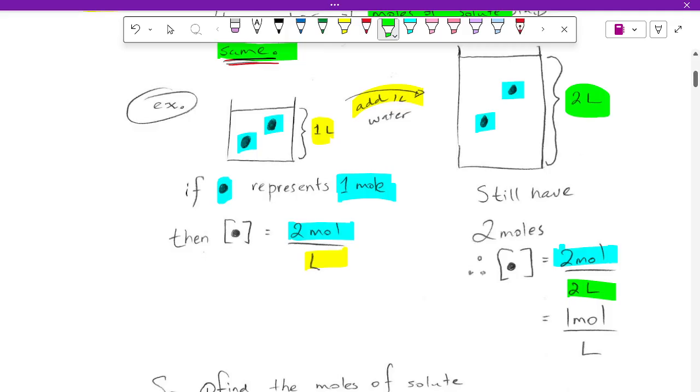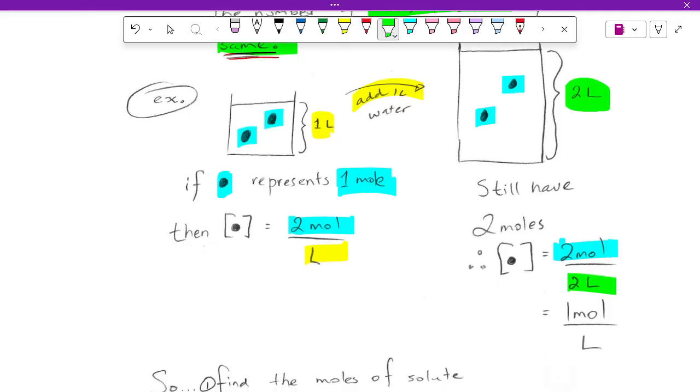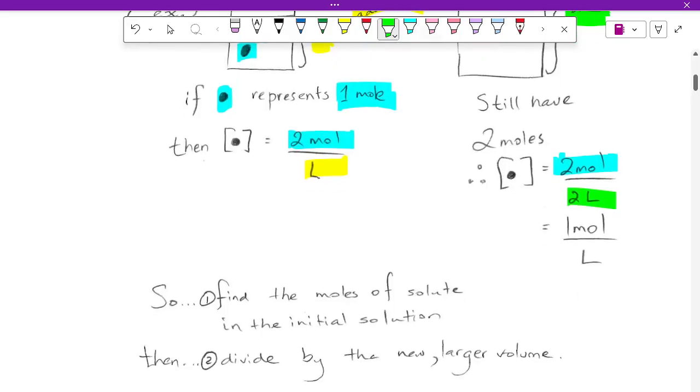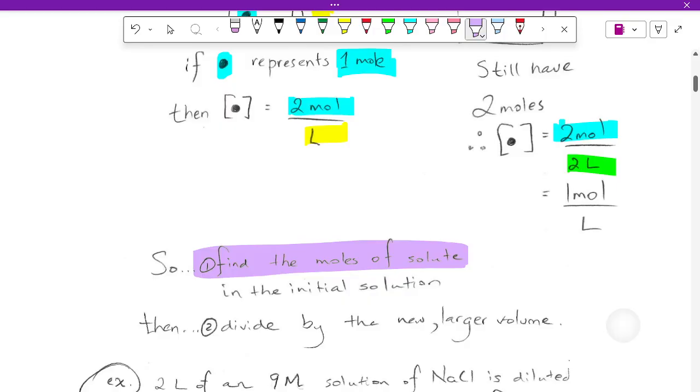And so you need to be good at doing those calculations. They're not always going to be as nice as, add 1 liter to 1 liter. So the most general way that will always work for doing dilutions is to, number 1, find the moles of solute. And then number 2, you're going to divide by the new larger volume.